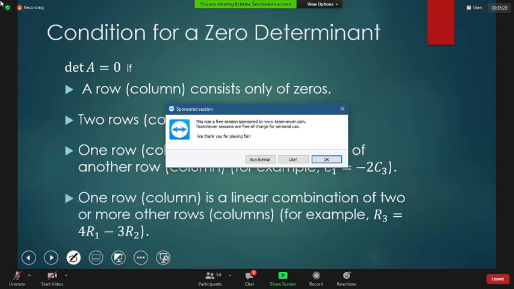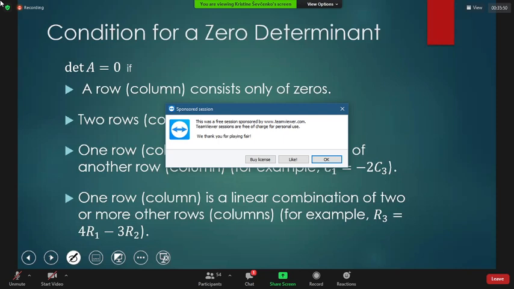And finally, linear combination. This is a new idea. What is a linear combination? A linear combination of two mathematical objects is exactly this: multiply each of these objects by a number and add them up. So row 3 is 4 row 1 minus 3 row 2.